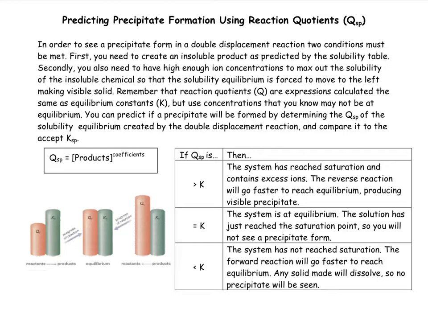If Q is equal to K, it means that the system is at equilibrium and the solution has just reached its saturation point, so you will not see a precipitate form. And if Q is less than K, the system has not yet reached saturation. The forward reaction will go faster to reach equilibrium, and any solid made will dissolve again, so no precipitate will be seen.